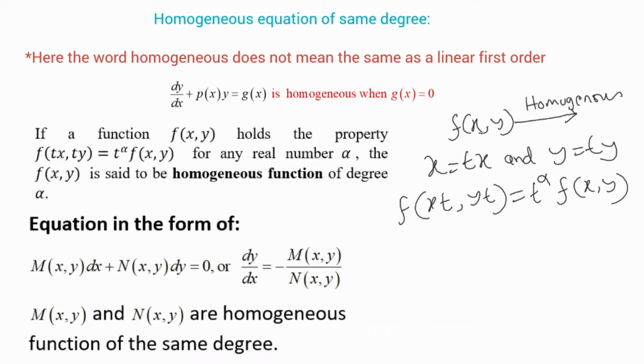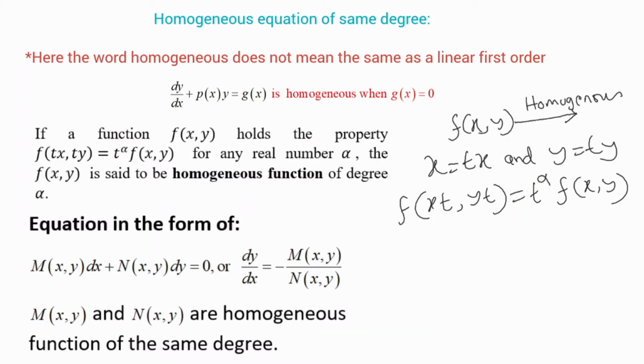Say we have a given function f(x,y). When we put x equals tx, y equals ty, we get the new function f(tx,ty) equal to t power alpha f(x,y). That means we get the same function but multiplied by t power alpha. Then we call this a homogeneous function with this alpha. Here alpha is any real number.